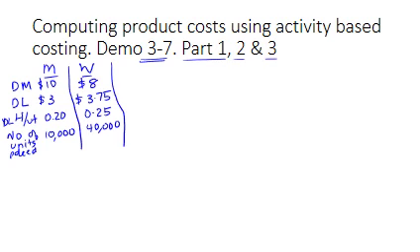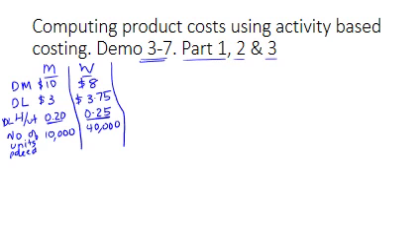To make 10,000 units of M, it took direct labor hours of 10,000 times 0.20, because of the direct labor hours per unit. So one unit took less than 1 hour to make, and in this case also it took less than 1 hour, but it's 0.25 here and 0.20 here.